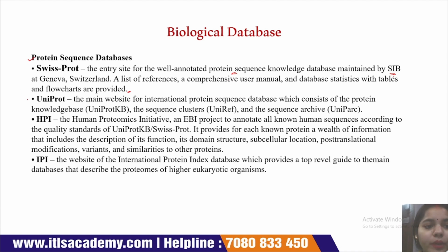Next is UniProt. UniProt is the main website for International Protein Sequence Database, which consists of the protein knowledgebase, that is UniProtKB, the sequence cluster, that is UniRef, and sequence archives, that is UniParc.